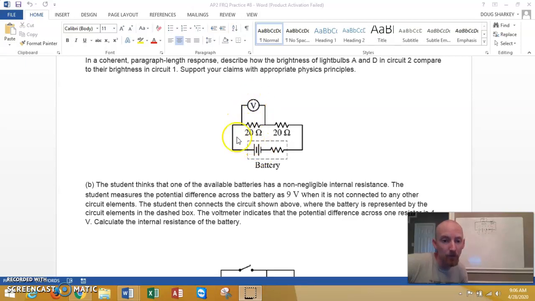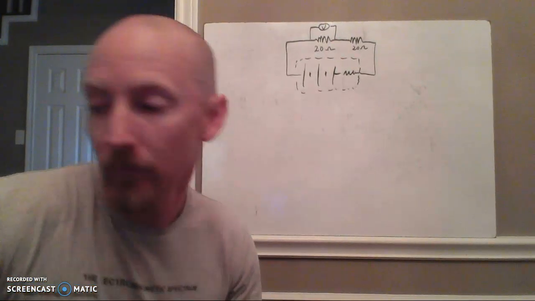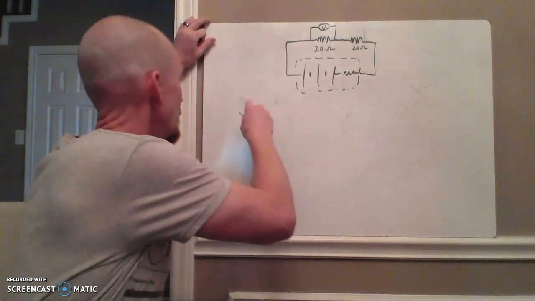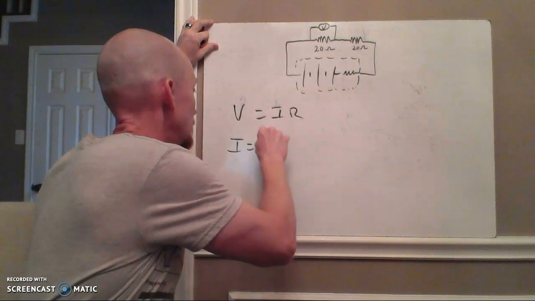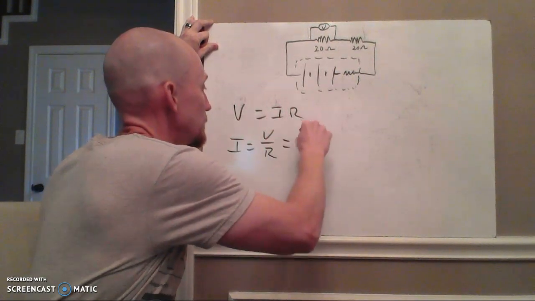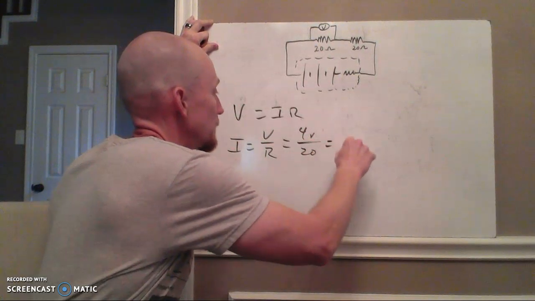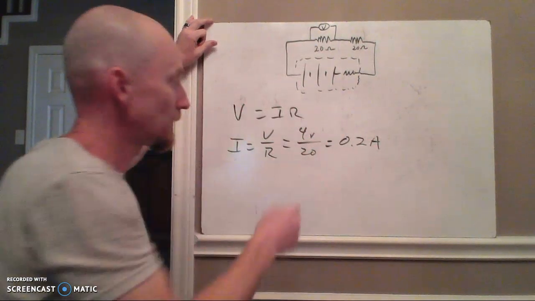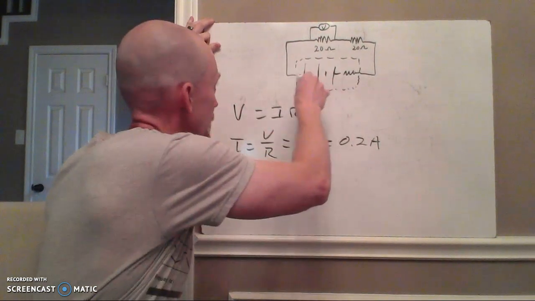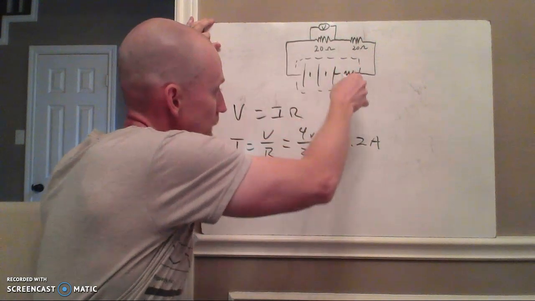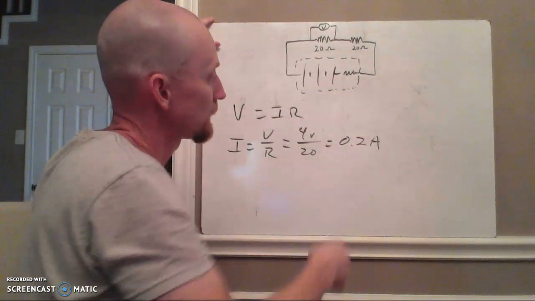Knowing that our voltage drop here is 4 volts and there's 20 ohms of resistance, we can figure out the total current going through there. Voltage drop is IR, so I is V over R. V was 4 volts and R was 20 ohms, so the current will be 0.2 amps. That's total current, because whatever comes out of this side has got to go back into the other side. So they're both seeing 0.2 amps.